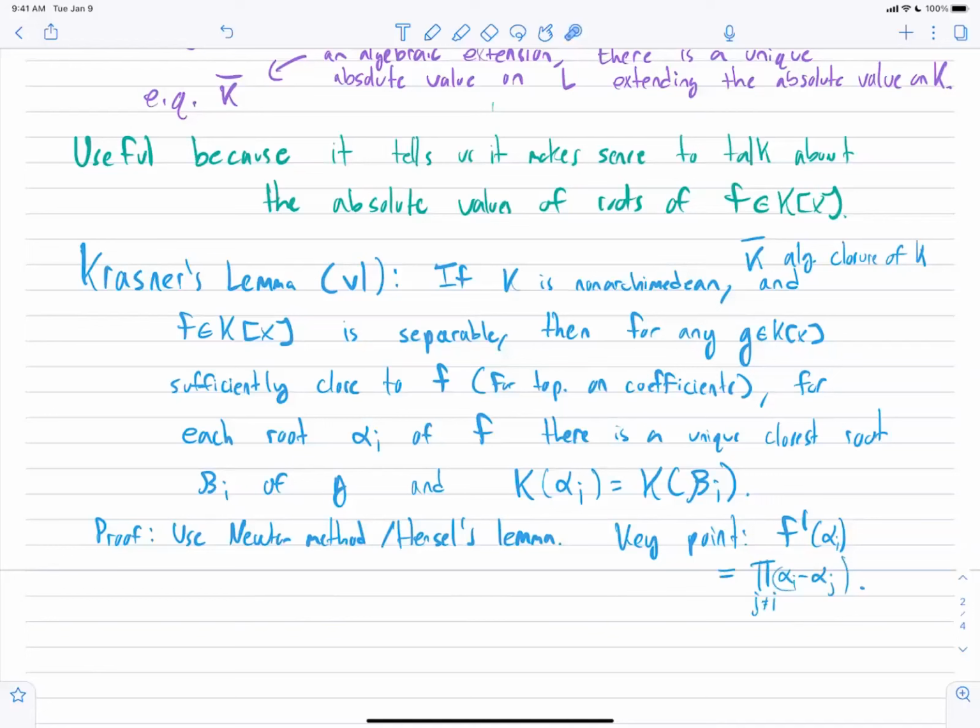But controlling how big the derivative is, which is what matters for this Newton's method, is the same as controlling how close you are to these roots.